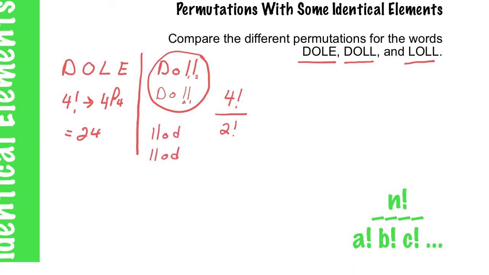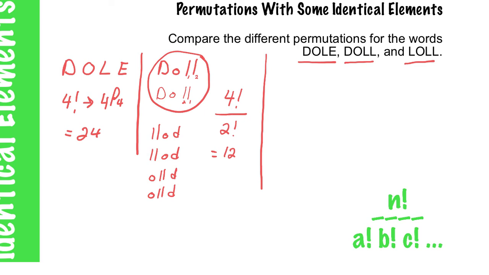So those are 2 different arrangements of doll, but they look the same. And again, you can put them here if you want. Those are 2 different ways of arranging the L's, but again, they look identical. So what you do is you take the identical items and you divide those out. So 4 factorial over 2 factorial will equal 12 different ways.